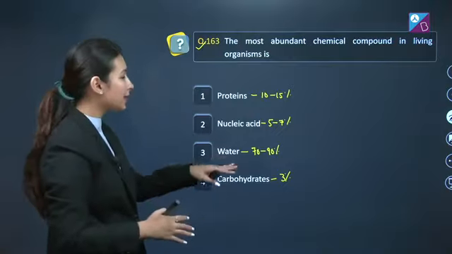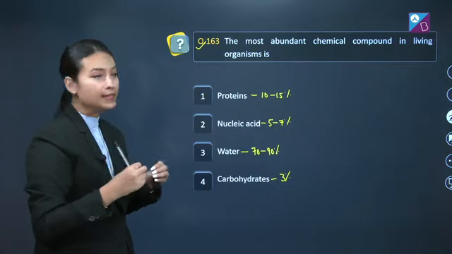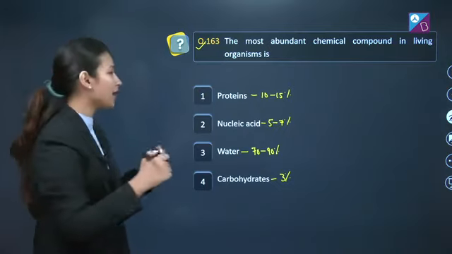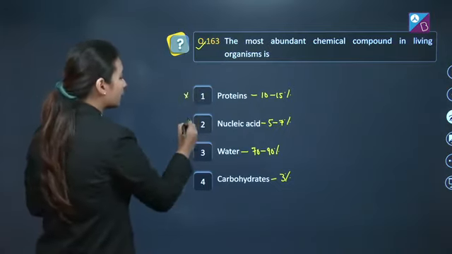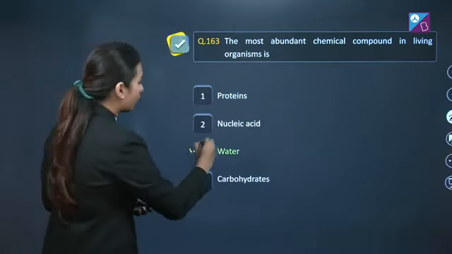So here you can see सबसे ज़्यादा water forms the maximum percentage in the living organism, so that's why option number 1, 2 and 4 are incorrect, and our correct answer here is option number 3.